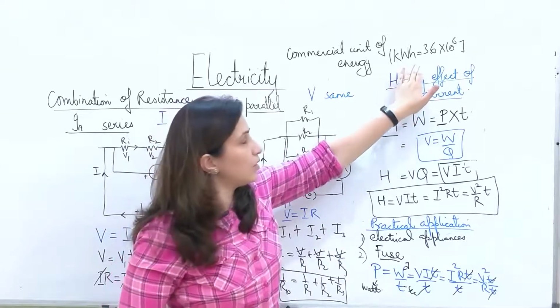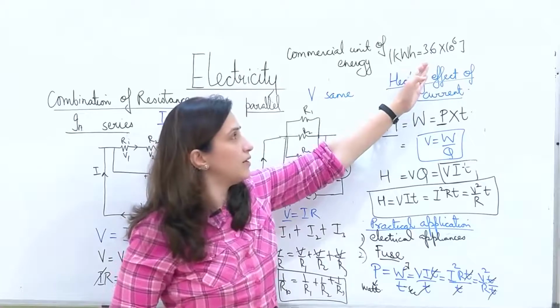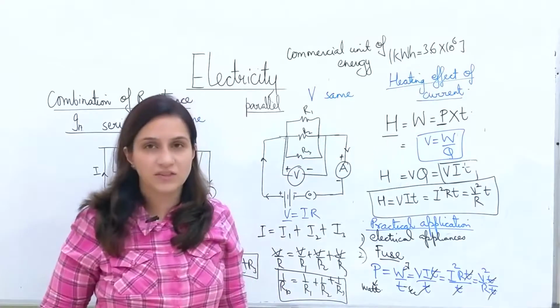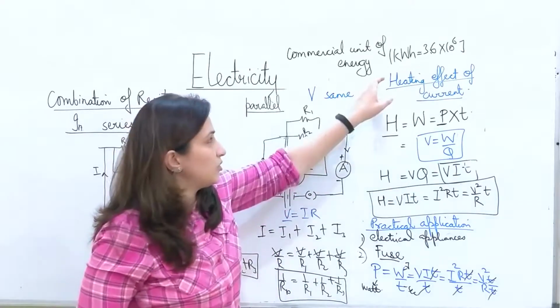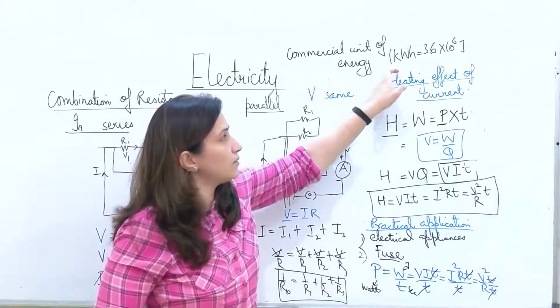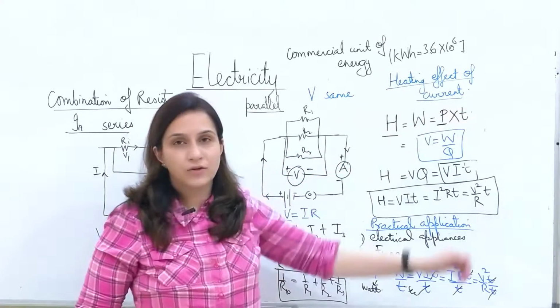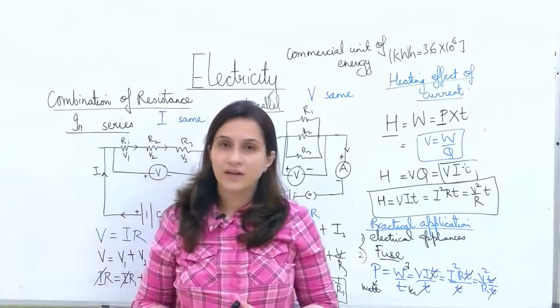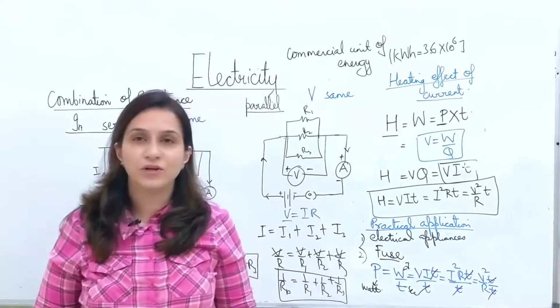By multiplying 1000 with 3600, the value comes out to be 3.6 into 10 raised to power 6 joules. So the commercial unit is known as 1 kilowatt hour, which is also known as 1 unit. I hope you are clear with all the topics. Thank you, good luck and God bless.